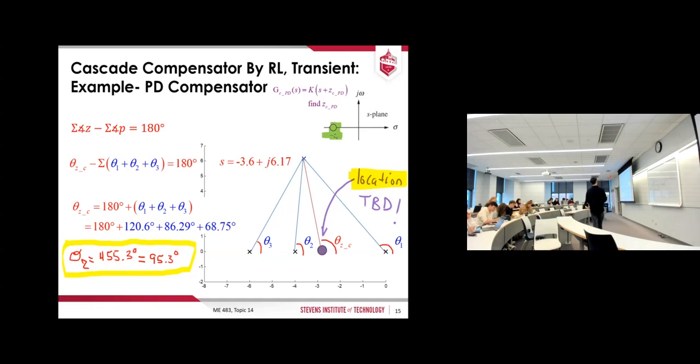So you got that theta z sub c, 95.3 degrees. Nice. We got the angle that fulfills the angle requirement for the point over here to lie on the new root locus.